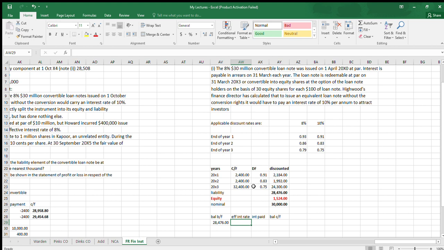So our 10% multiplying our balance brought forward. Our interest paid is our 2,400. That's our 8% multiplying our 30 million, 30,000. Supposed to be a negative figure. You do your calculations.